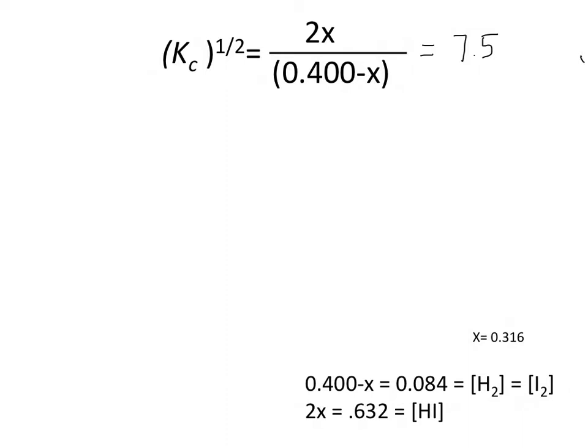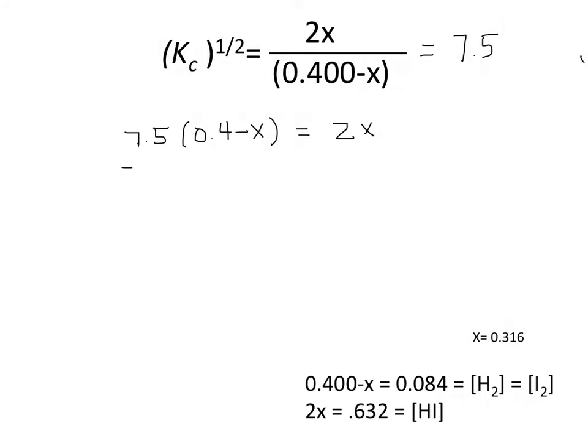I'm going to multiply each side of my equation by 0.4 minus x. And when I do that, the 0.4 minus x in the denominator on this side of the equation will cancel. So I have 7.5 times 0.4 minus x is equal to 2x.